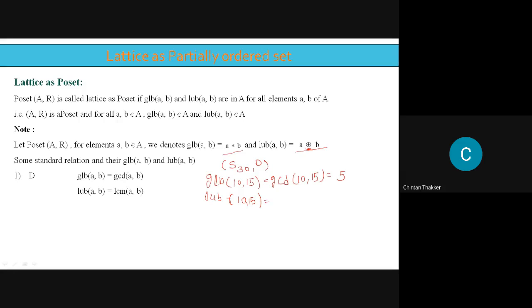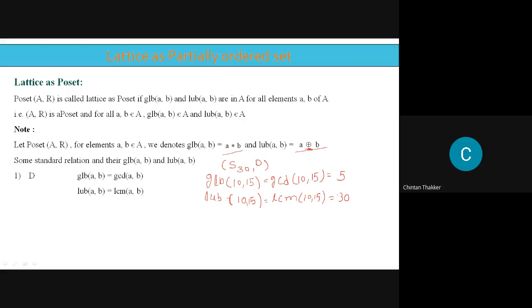It is the LCM of 10 comma 15, which is 30.